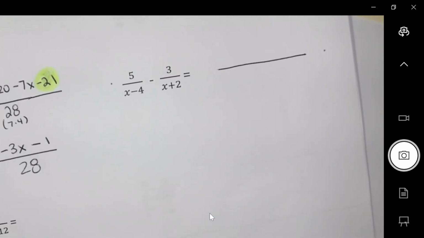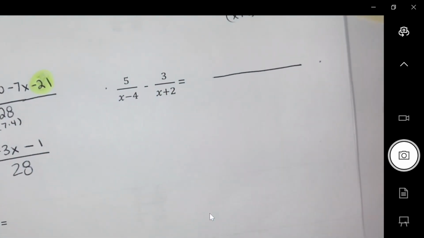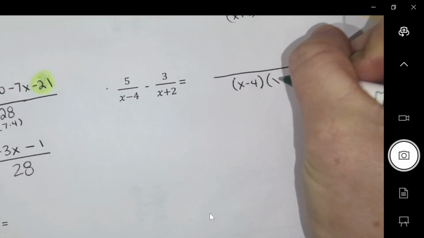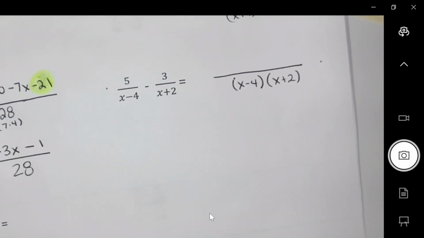Okay, so this example is the same idea as that one. What do I need in my bottom so that everything will fit into it? I need an x minus 4 and an x plus 2. I need them both in there.